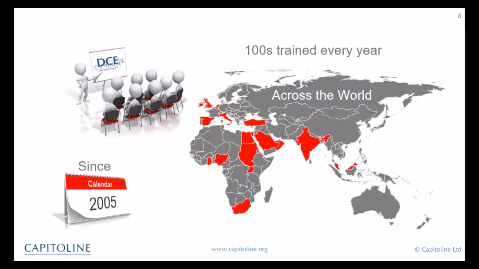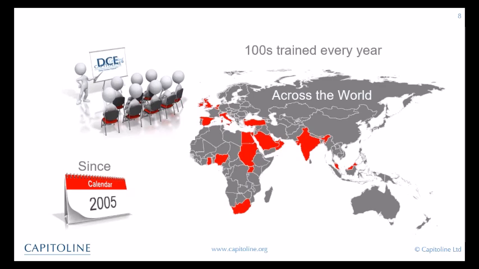And in order to provide a good understanding of all of these things, the physical infrastructure and the manner in which we operate data centers, Capitoline developed our data center expert training courses. Now, Capitoline actually wrote the very first data center training back in 2005. There are a number of other companies that have copied what we do.